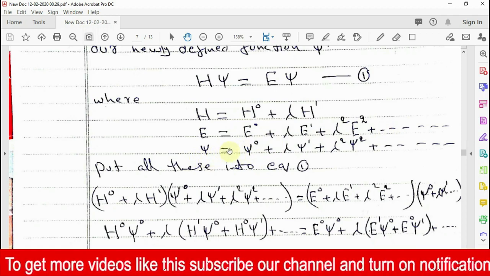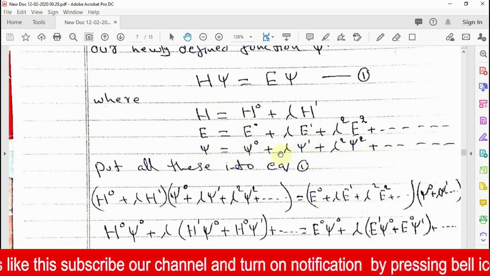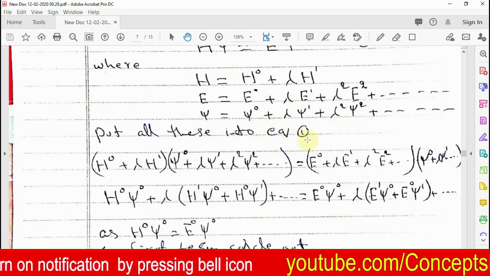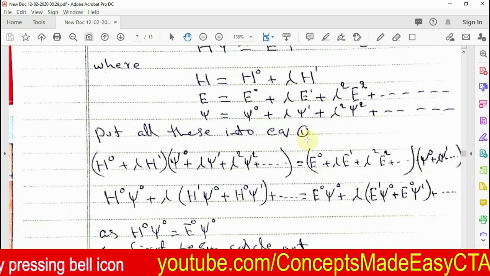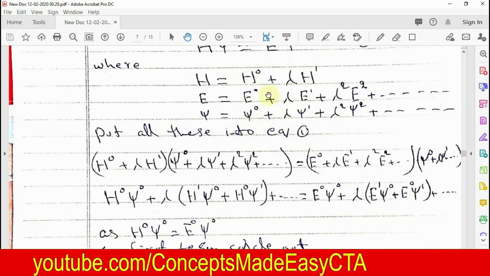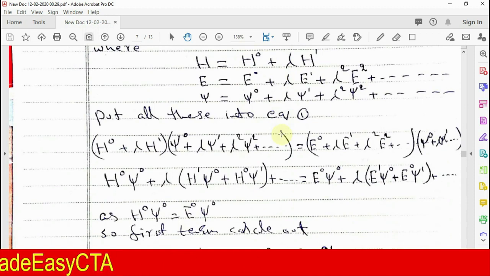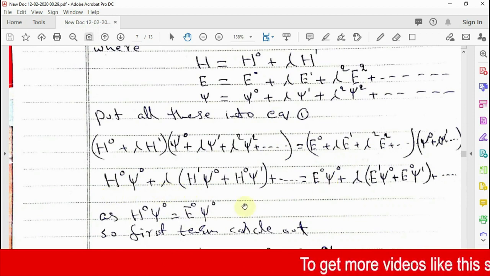So this is the wave function psi naught, psi 1, psi 2, along with these lambdas. We put all these values which we have defined into equation 1, and we end up with something like this. When we multiply all these values, we get this whole thing.